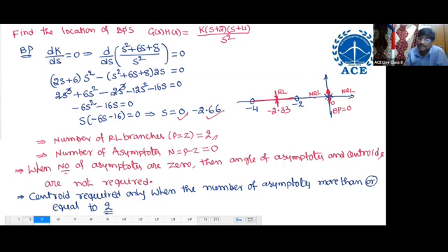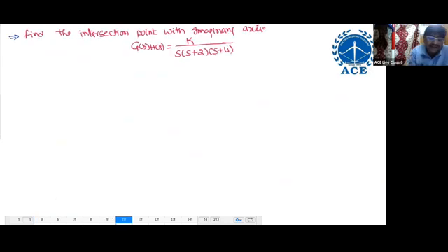Next, come on. Characteristic equation: 1 plus K by s(s plus 2)(s plus 4) equal to 0.